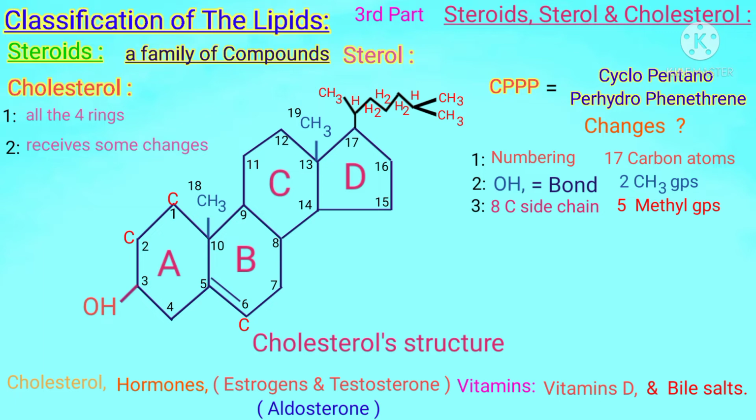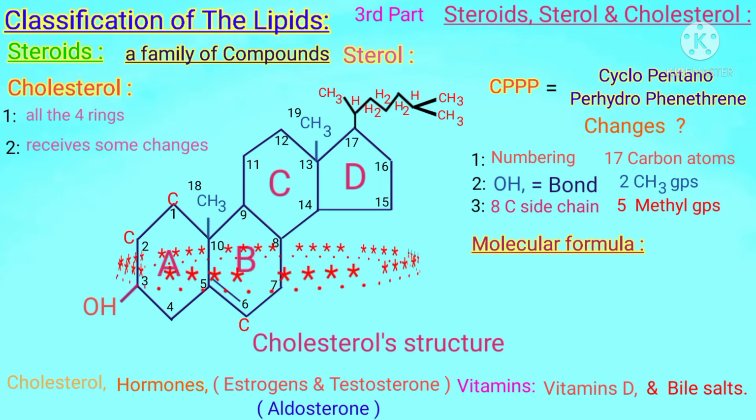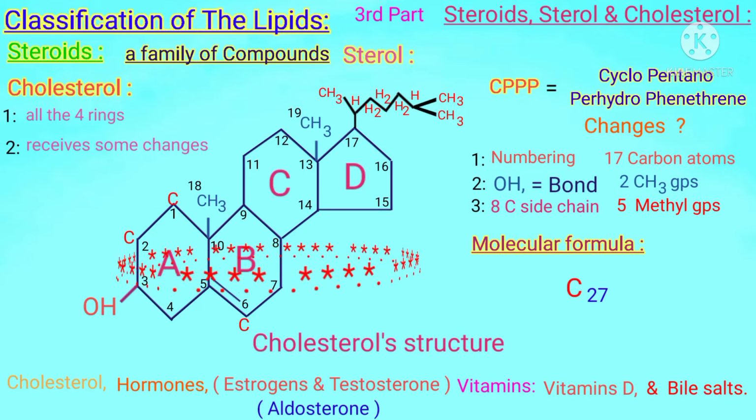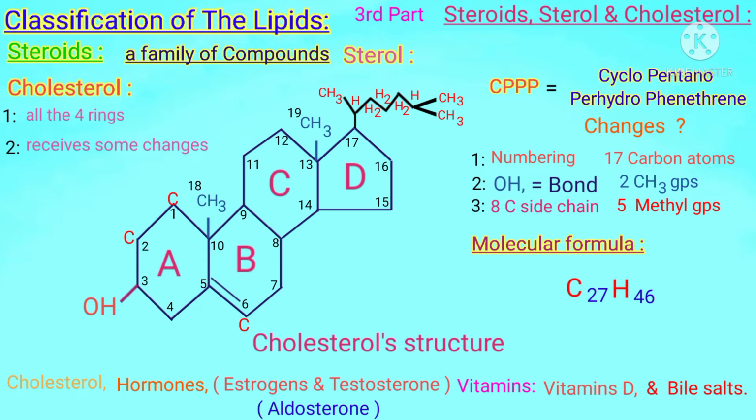Dear students, after this whole structural form, the molecular formula of cholesterol is C27, as you have seen, H46, as hydrogens have not been shown here. But students, there is a very surprising thing that will amaze you. In the molecular formula of cholesterol there is present only one oxygen.